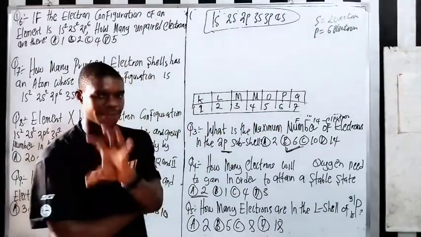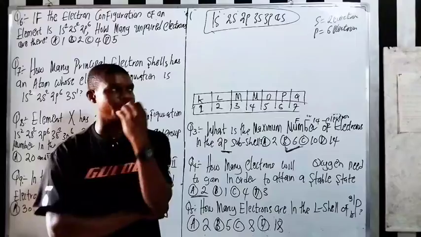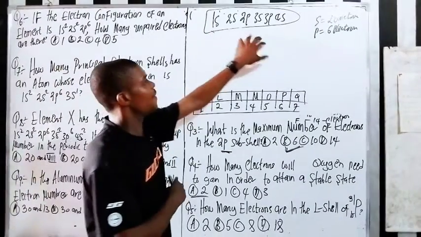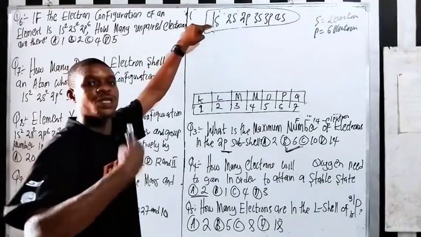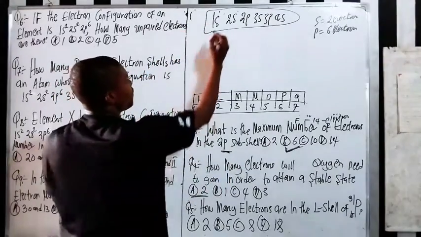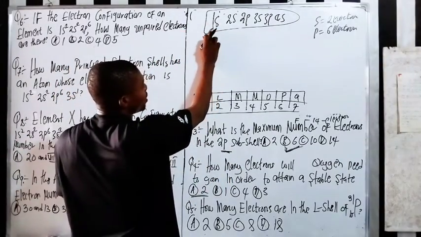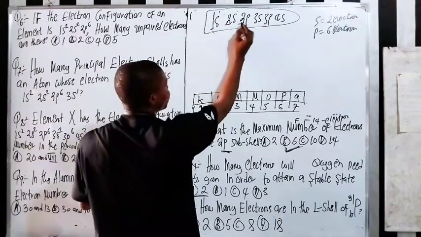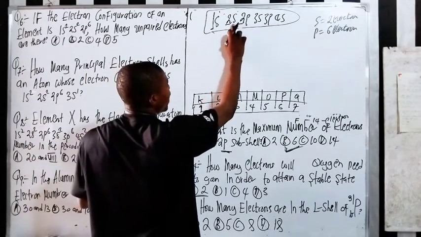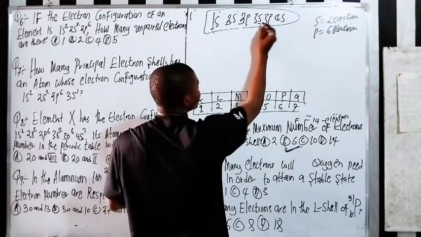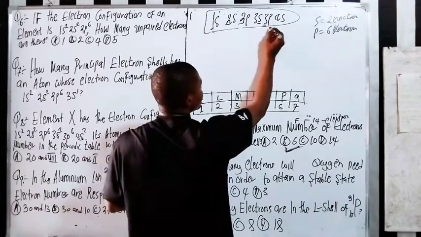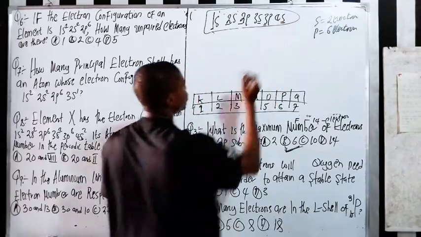So look at something here. Let me explain so you will understand this better. This number you are seeing here means the principal quantum number, which also means the shell. The first shell will only have 1s. The second shell has 2s and 2p. The third shell has 3s and 3p. The fourth shell has 4s. Do you see that?